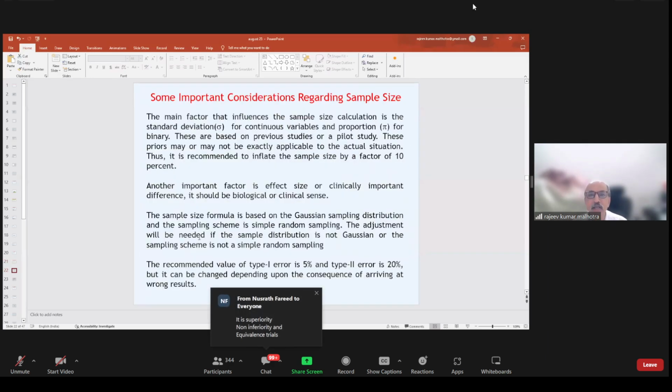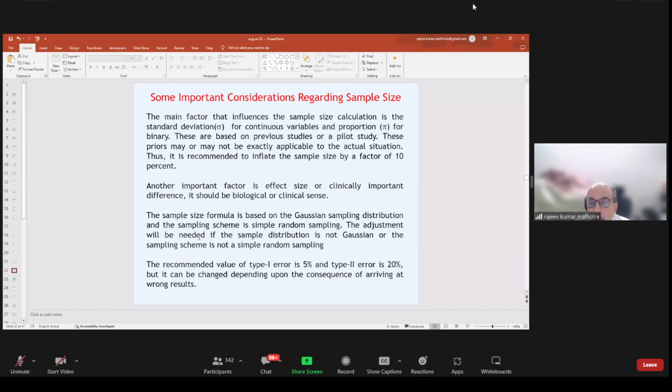There are some important considerations regarding sample size that I think I already explained, but I will repeat them. The main factor is the standard deviation in the continuous variable, and the proportion in the binary variable. Important factors are effect size and clinically important difference, which I explained. The sample size formula is based on the Gaussian distribution and assumes random sampling.